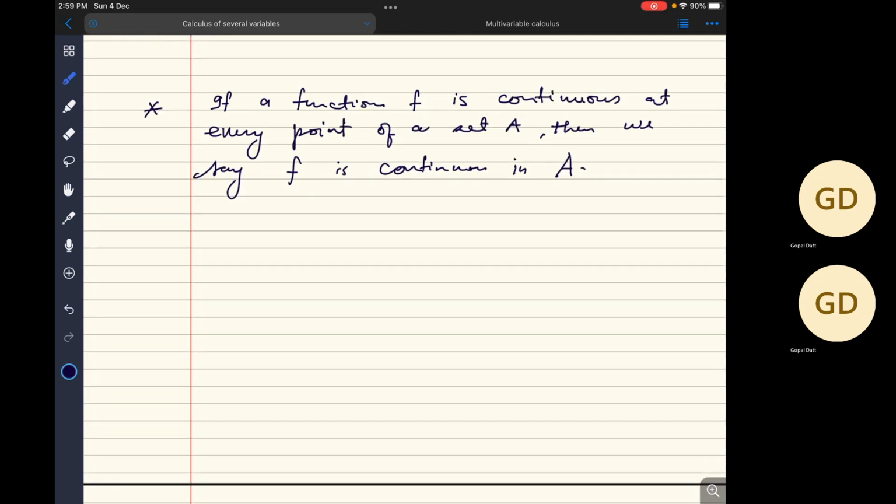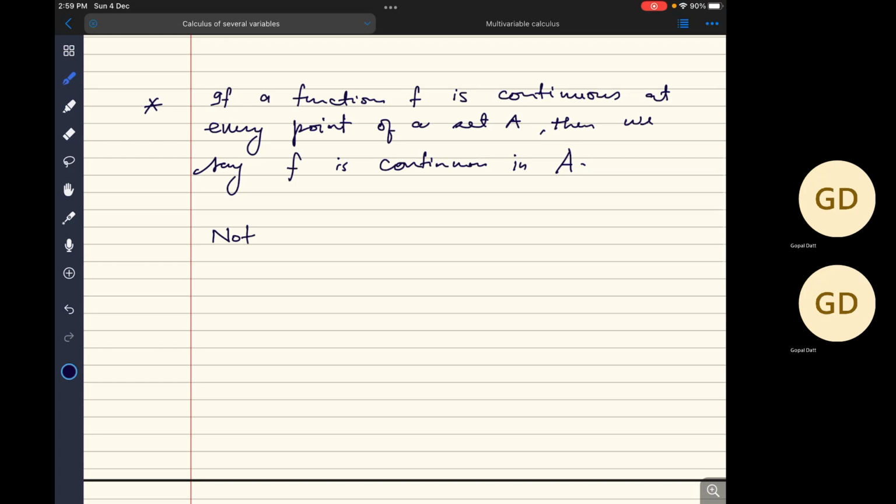The notions of limit and continuity are closely related. Let us see how.